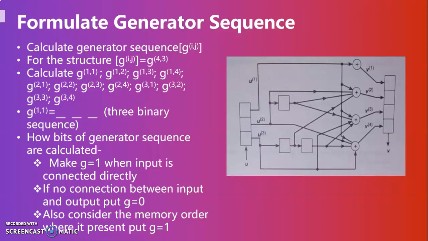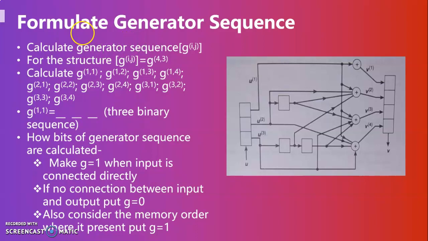But here, as inputs and outputs are both present and varied, we use Gij, that is G suffix ij, indicating the generator sequence connected to which input and which output. Here i represents the input, the number of inputs present in that encoder, and j represents the number of outputs present there.